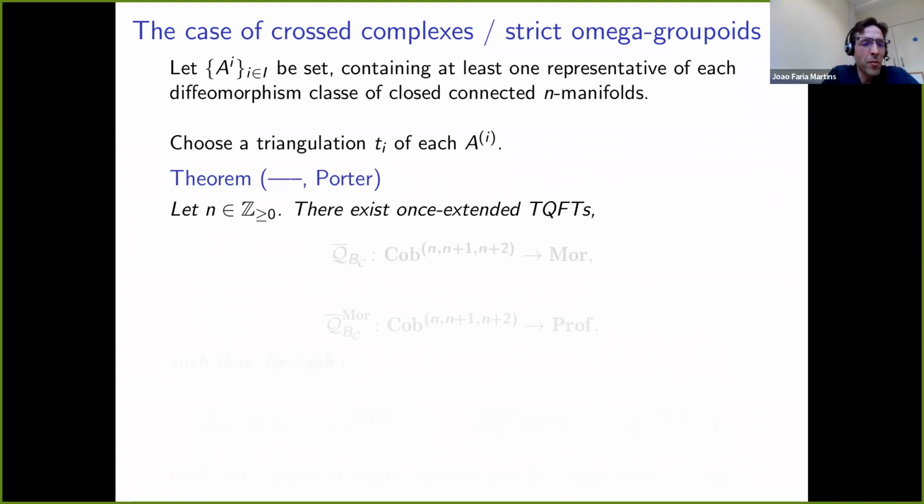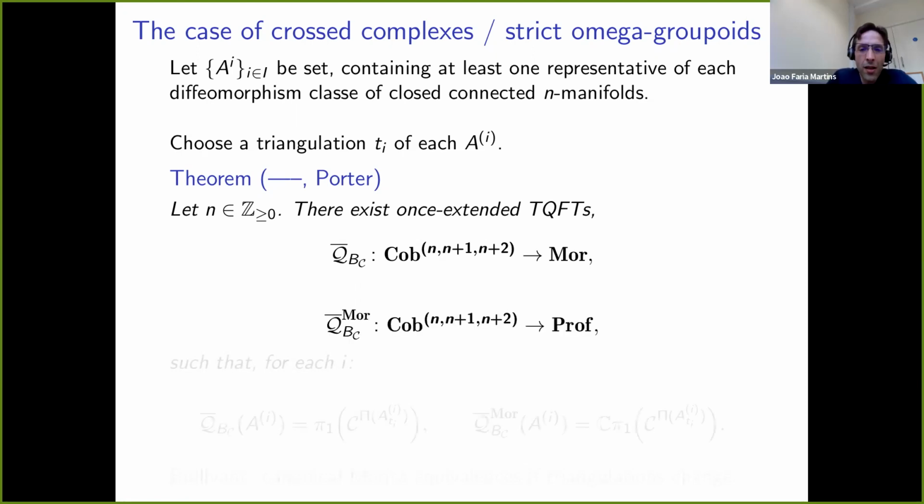I'm not going to state the main theorem, but the theorem that may be stated in a language that is more common. So for any positive integer n, I have once extended TQFTs from Cob n+1, n+2 into Morita, and also into Prof. Oh dear, these are swapped. Should be profunctors and Morita bicategory. And what is the rule? So what is the algebra and profunctor you associate to a manifold?